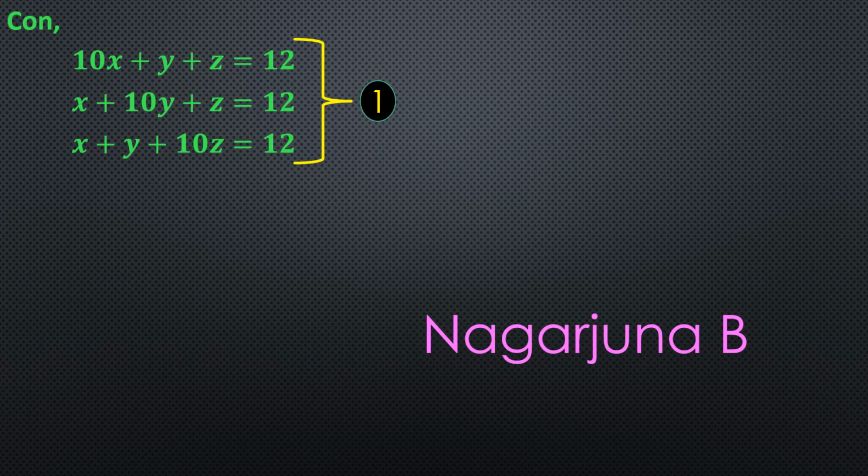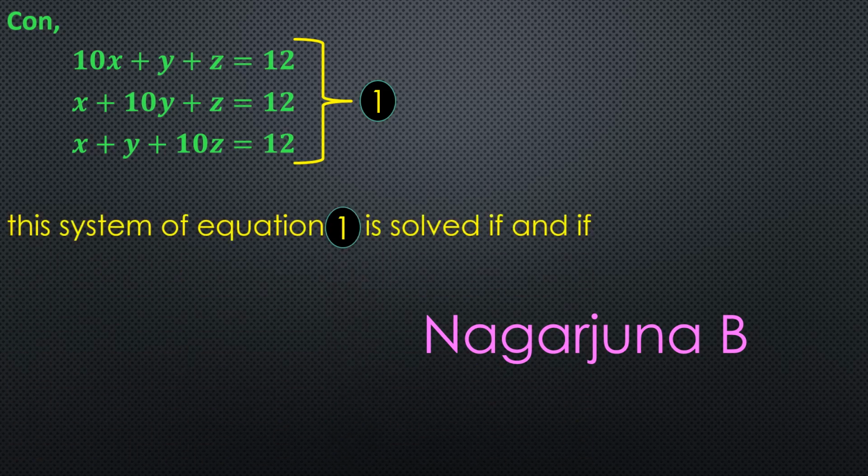As I told, the system of equations should satisfy the condition, and that condition is the coefficients of diagonal elements should be greater than the sum of the coefficients of non-diagonal elements, considering the coefficients as moduli. So the system of equations 1 can be solved if and only if this condition is satisfied.